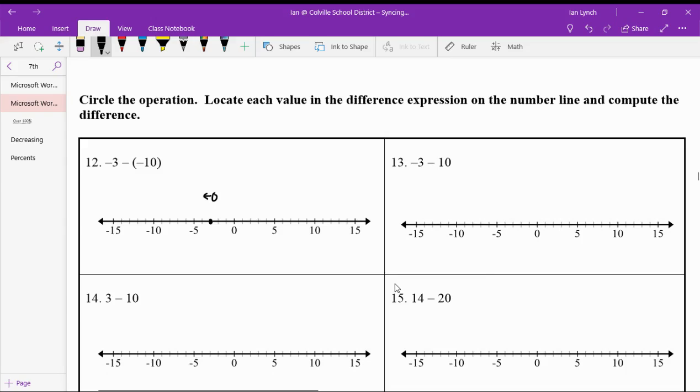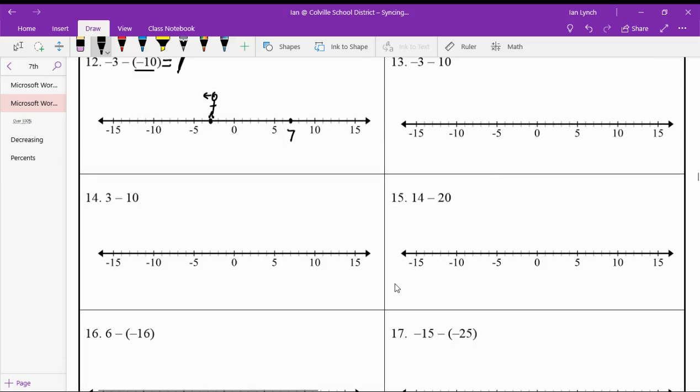We're looking to the left, and we're moving backwards 10 places. So if we move backwards 10, we're going to be right here at positive 7. Okay, guys?